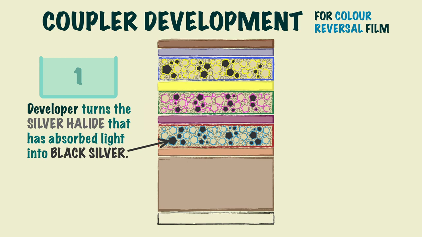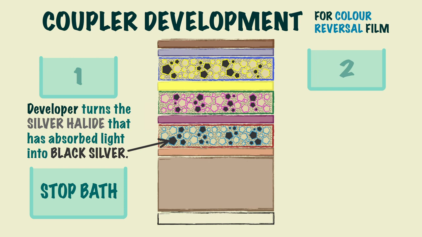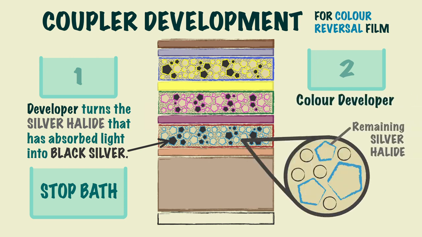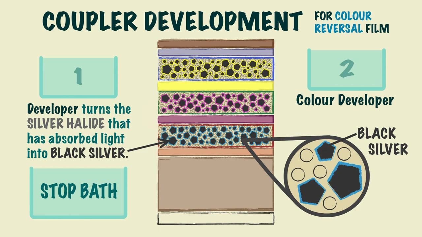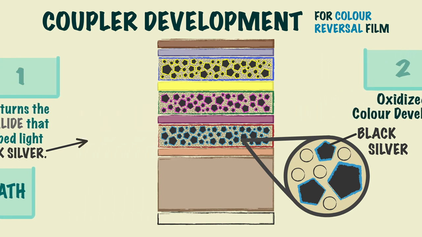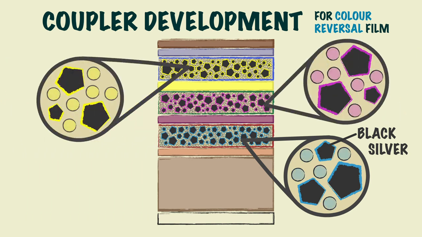This process is then stopped with the stop bath. For the second part, colour developer is used to reduce the remaining silver halide to black silver. This reaction then oxidizes the developer and causes the imaging couplers to form dyes, alongside the black silver formed in the second reaction.